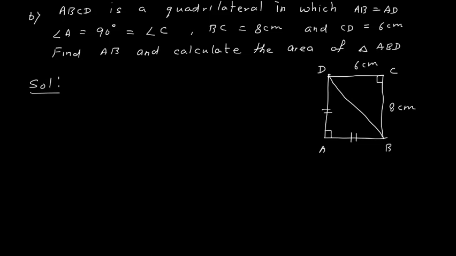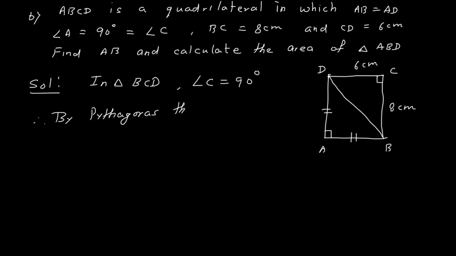What we can do, we can find the value of BD. Okay, in triangle BCD, we have this angle C is 90 degree. Therefore, by applying Pythagoras theorem, we have BD square is equals to BC square plus CD square.